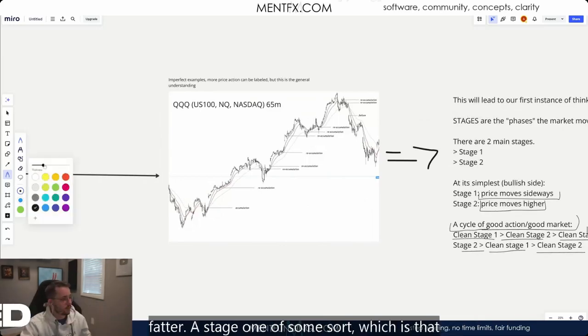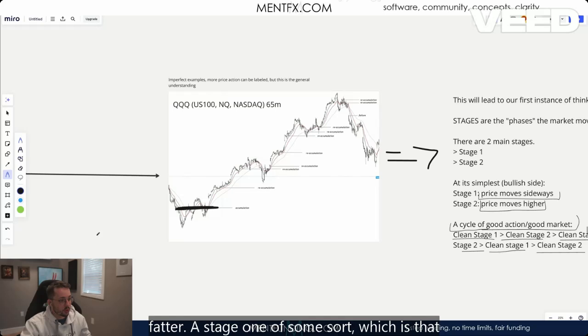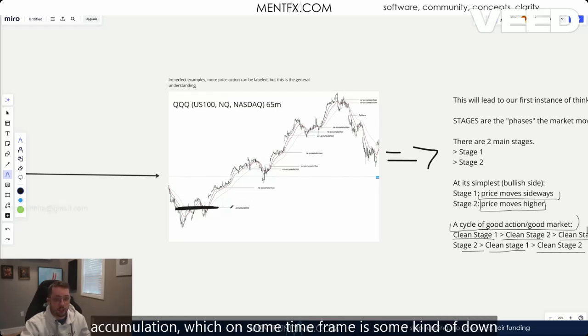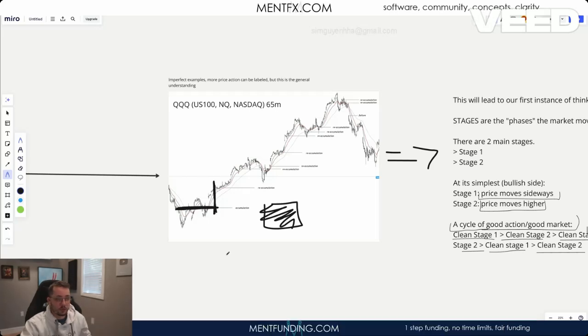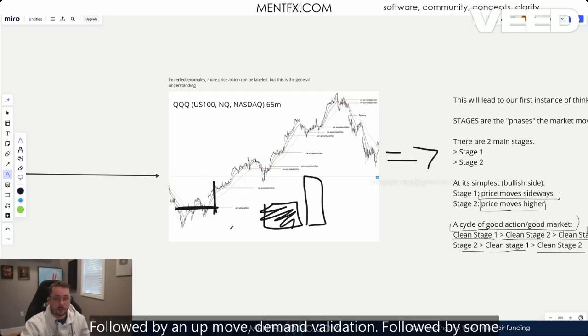Let me actually make this fatter. A stage 1 of some sort, which is that accumulation, which on some time frame is some kind of down move, followed by an up move, demand validation.